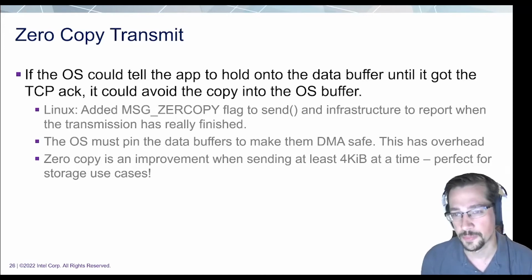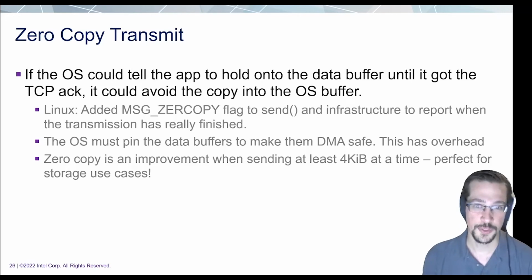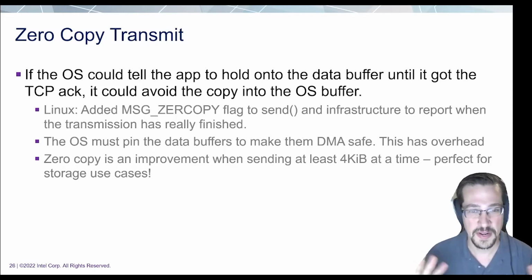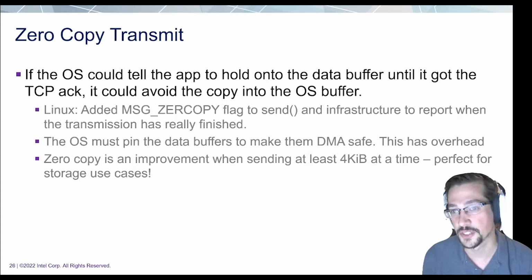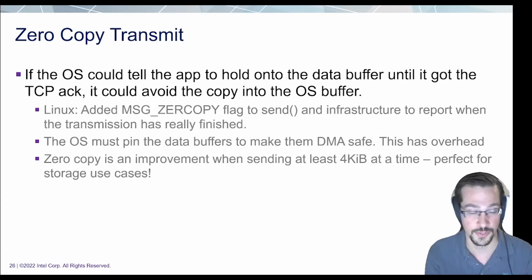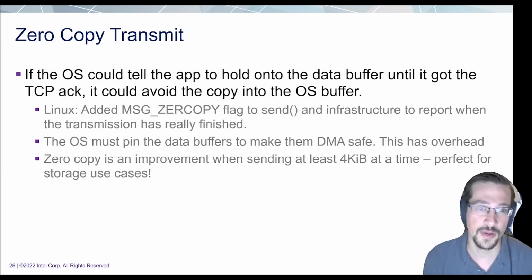It will simply put a placeholder into the send queue in the OS that points at your user buffer. And then it's up to your application to not change that data buffer while it's still sending. Sometime later, via a new mechanism on receive, they will tell you when they are done sending the data, and then your application can go release that buffer or reuse it for something else, which is pretty slick. So it DMAs directly out of user space.